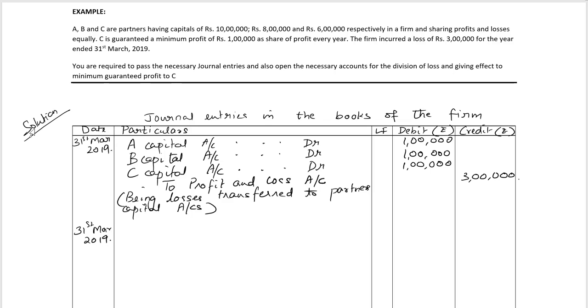First, let's calculate the amount of deficiency. Amount of deficiency: when C gets a share of loss, it is the guaranteed profit of rupees 1 lakh plus his share of loss, another rupees 1 lakh. Therefore, the deficiency is equal to rupees 2 lakh.